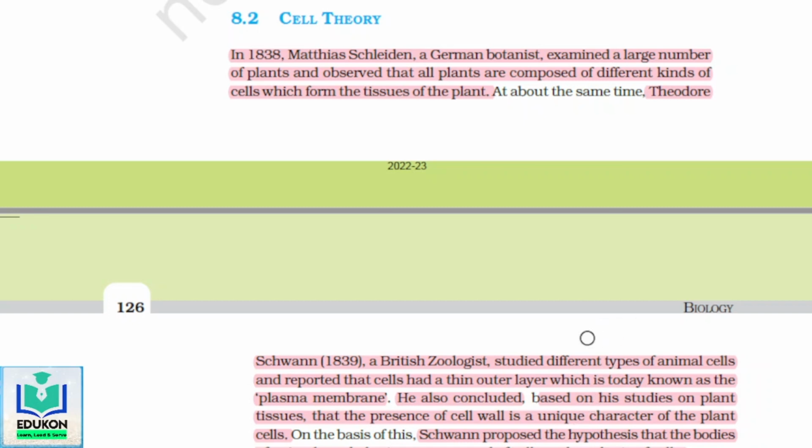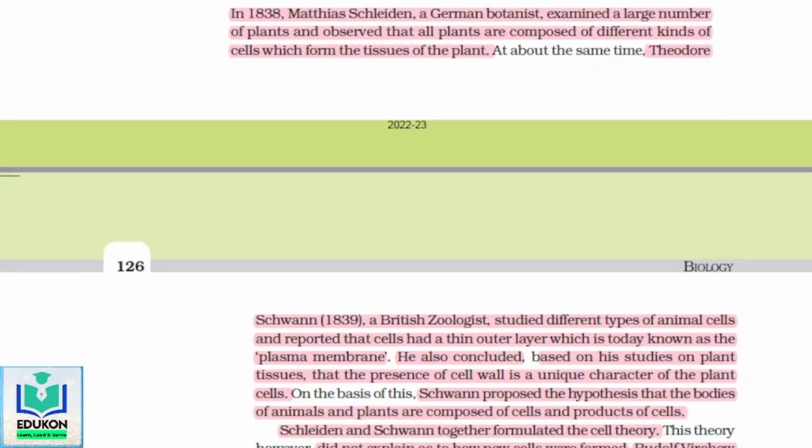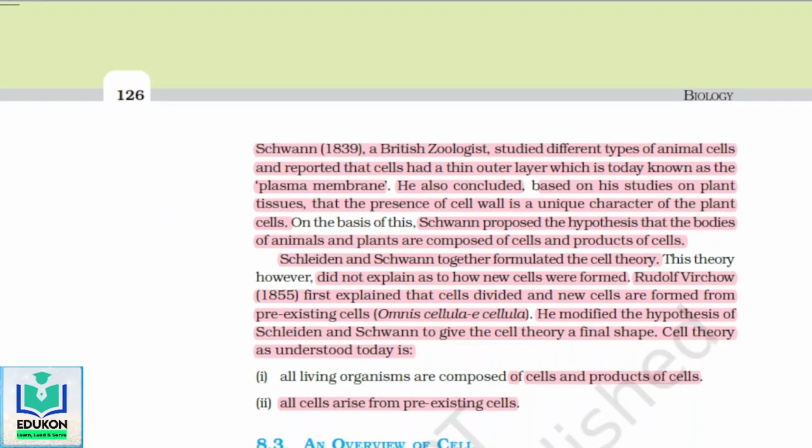Then, which of the following is not explained by the Schleiden and Schwann cell theory? He couldn't explain how the new cells are formed. So that is also another question. And who was the scientist who first explained that cells divide and new cells are formed from the pre-existing cells?